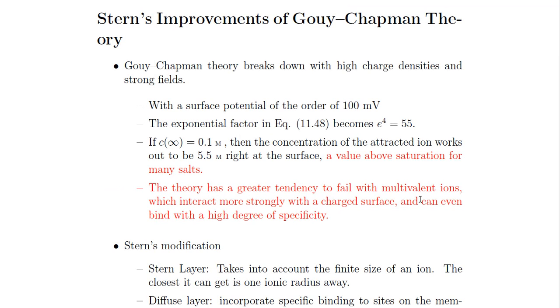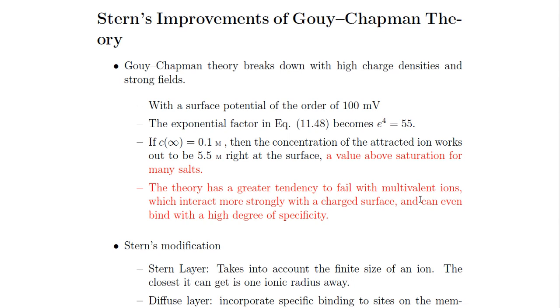Okay, so with a surface potential of the order of 100 millivolts, the expansion factor in equation 11.48 becomes e^(ψ/kT) equal to 55. So if C infinity, the concentration at infinity, is 0.1 molar, the concentration of the attracted ion works out to be 5.5 molar right at the surface.